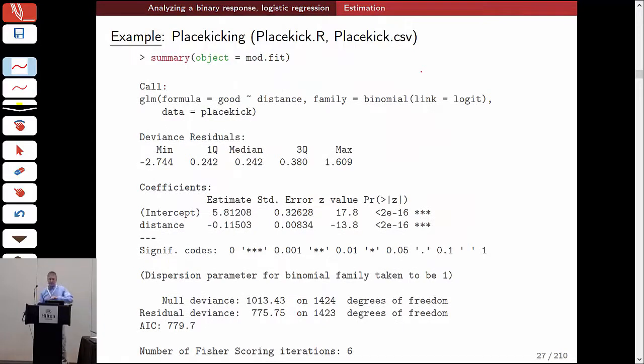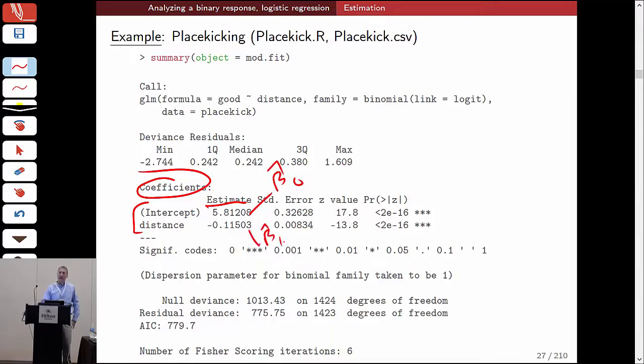As we saw, there's a lot of information that's inside of mod.fit. So why don't we summarize that information using a function in R called summary. So I say summary of mod.fit. And this is what we get. If I look in the coefficients table, estimate column, notice what the rows are called, intercept and distance. Here is my beta hat 0.